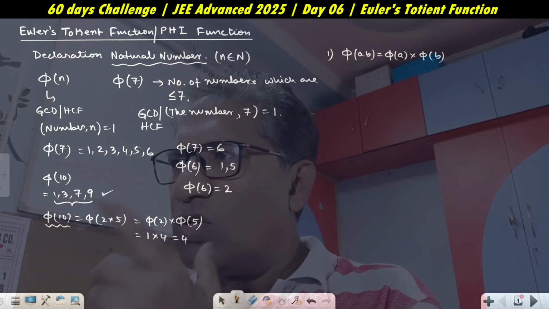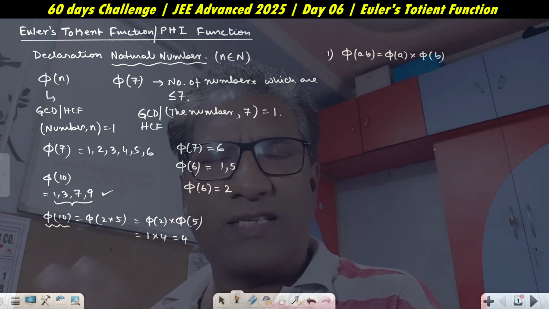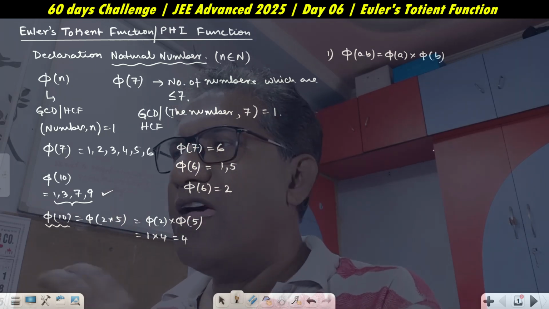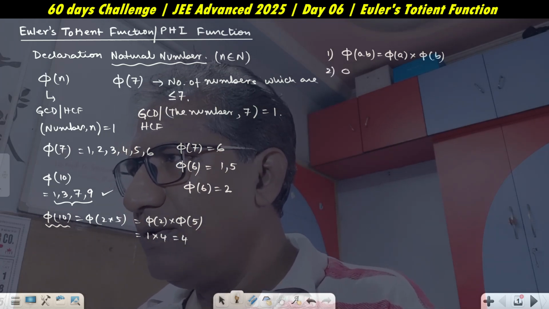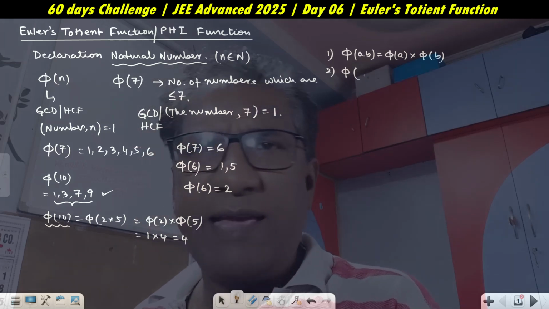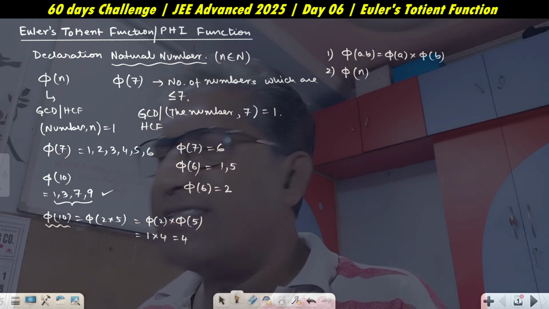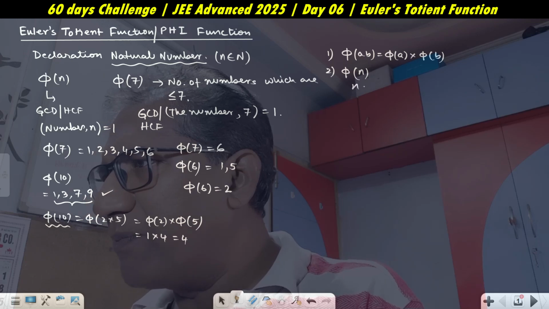Is it clear? So the first formula that we will remember is phi of AB can be written as phi of A into phi of B. Number 2, phi of any prime. Let us say n is a prime.